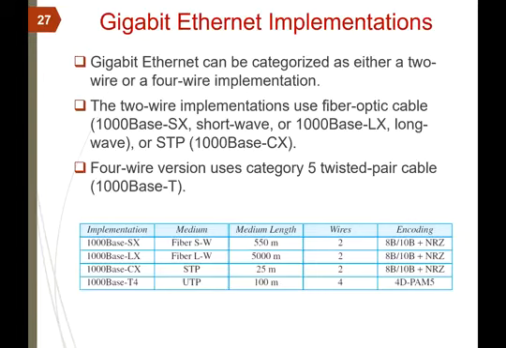Now the last, the gigabit Ethernet implementations. They can be categorized as 2-wire or 4-wire implementations.